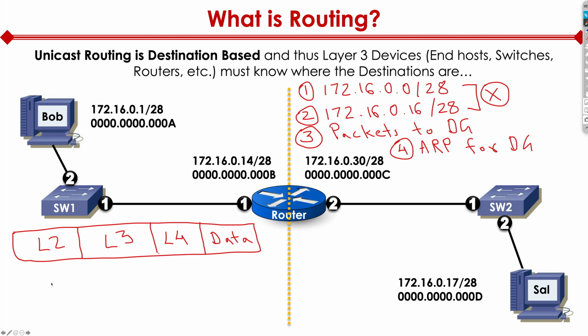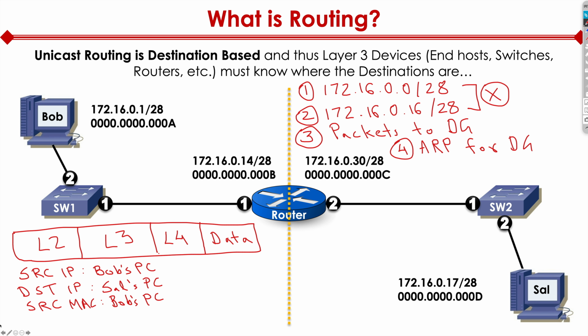If you were to zoom into layer 3 header information, we'll have the source IP of Bob's PC. We'll have the destination IP of Sal's PC. We'll have the source MAC of Bob's PC.